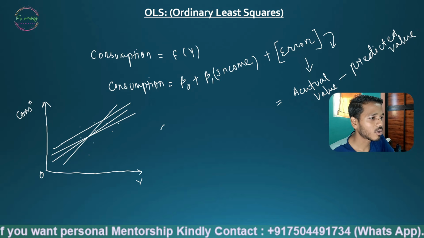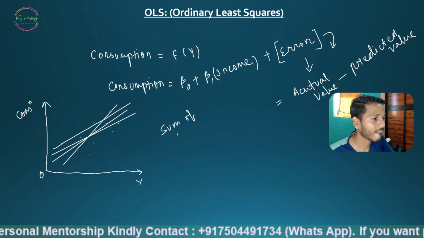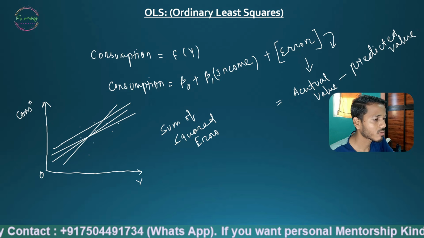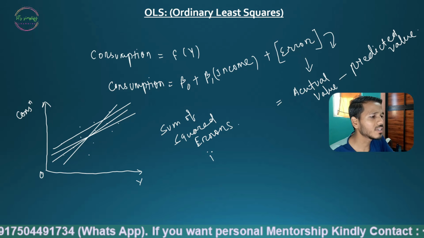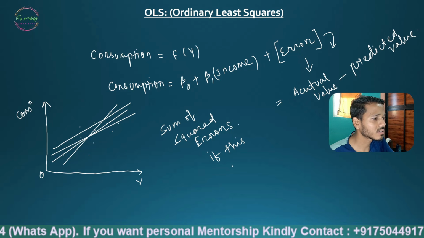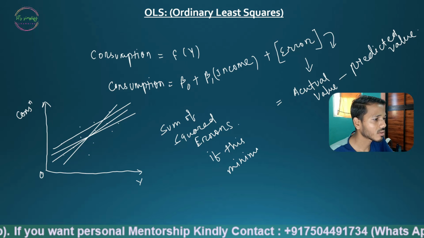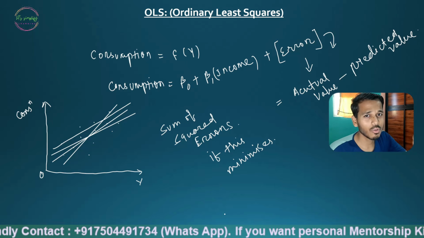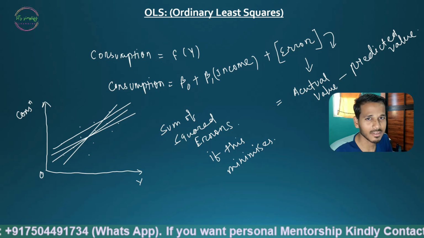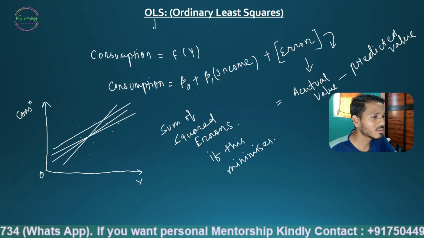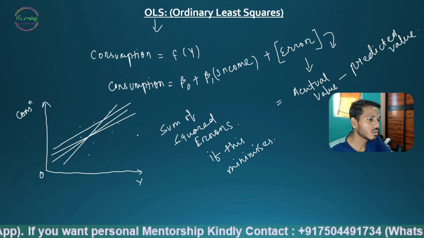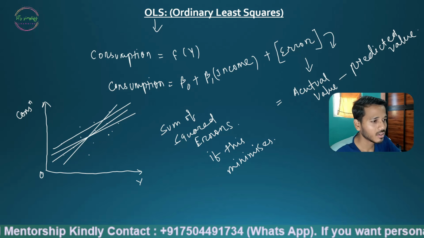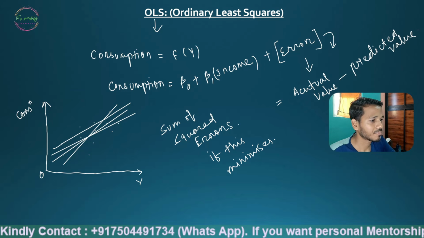And the line that minimizes it is the best fit line, and that is told by the ordinary least squares method. So OLS basically tells how the best fit line is drawn from the data.